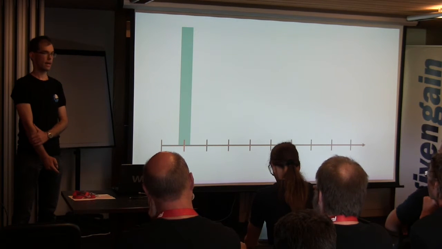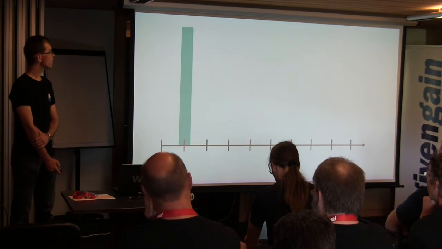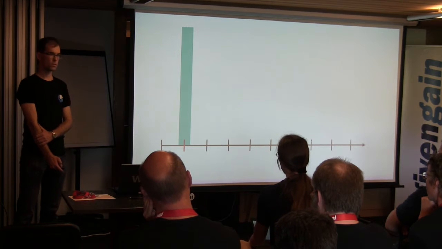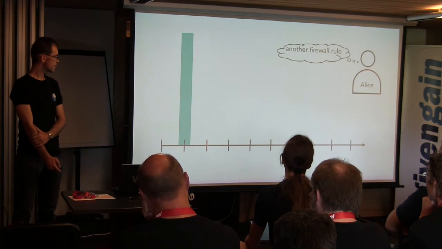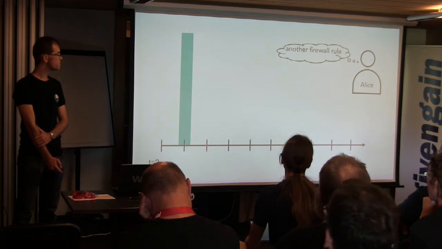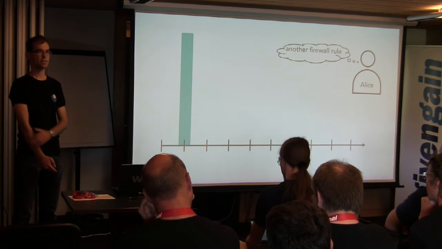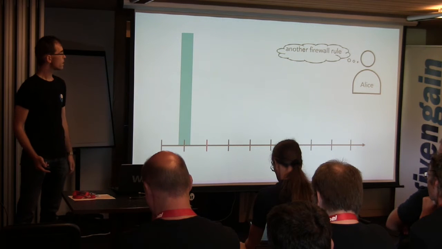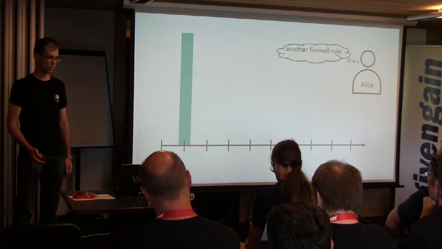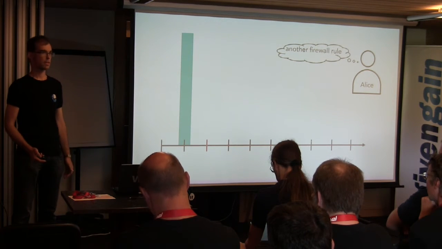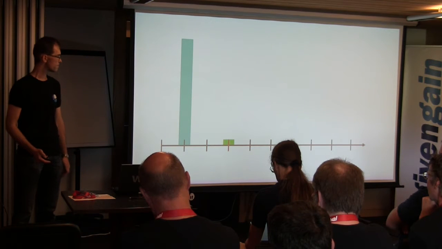So he adds a big job group with a lot of jobs for all the hosts, and they are getting worked on. But there is Alice. She got another change request for another firewall rule. Of course, it should also be done by now.